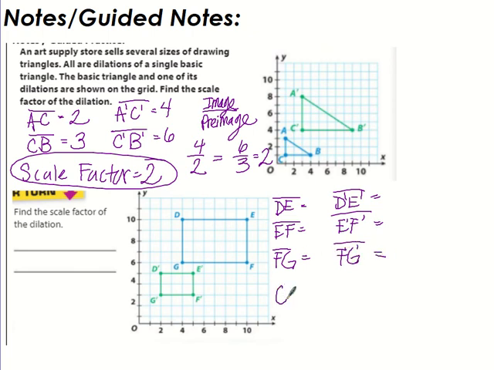I'm just going to write them down. What I want you to do is check these and see if you can get the scale factor. So maybe a good place to pause, write down your segments, find the ratio, and see if you get the same ratio.